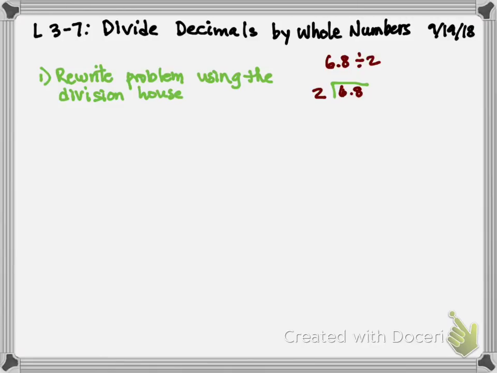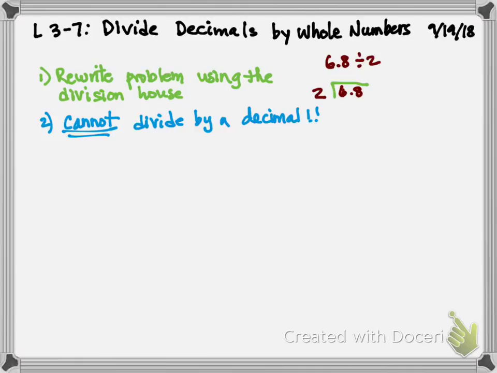Now, I'm going to tell you right here, there's something you can never, ever do. And what you can never do is you cannot divide by a decimal. Now, today, that's not going to show up in your homework, okay? But we need to keep this idea here that we constantly need to look at the divisor.